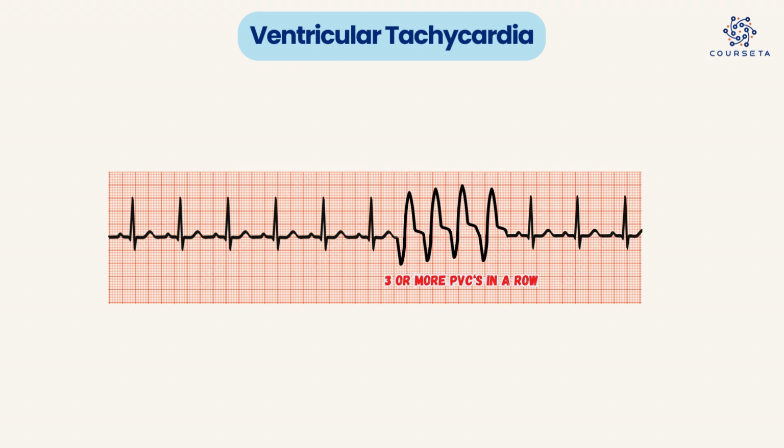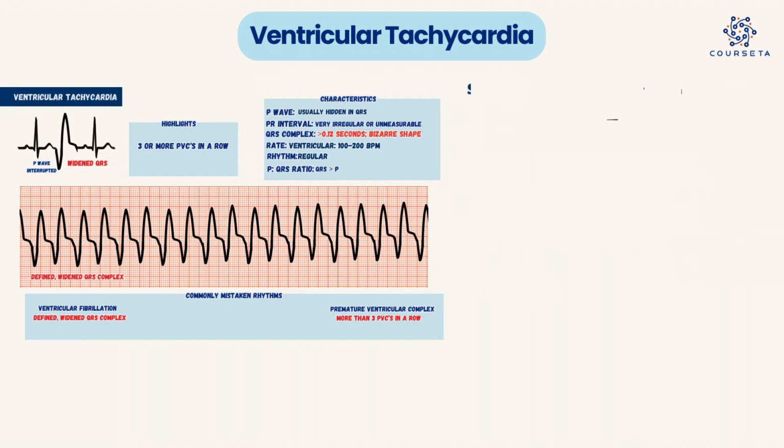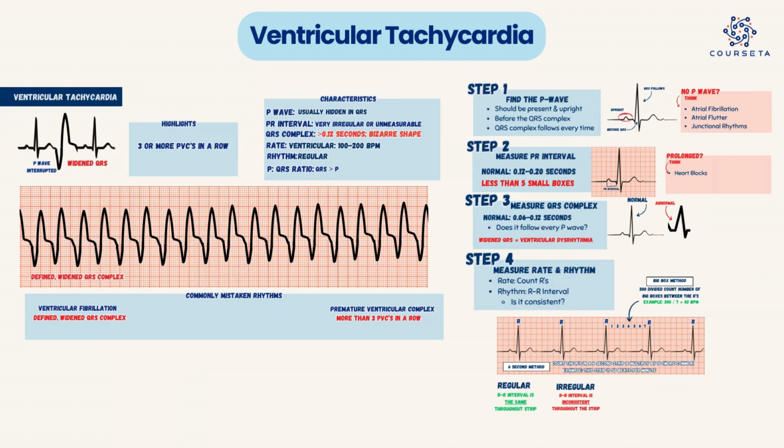Well, as you can count here, there are 1, 2, 3, 4 widened QRS complexes in a row. That's more than 3, so this is considered ventricular tachycardia on this strip. Make sure you write that rule down: 3 or more PVCs in a row is considered ventricular tachycardia.